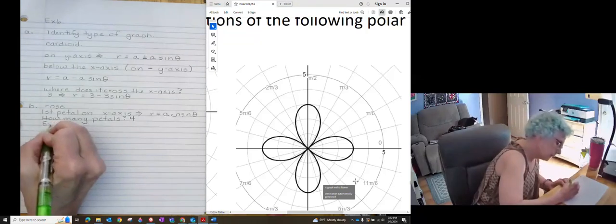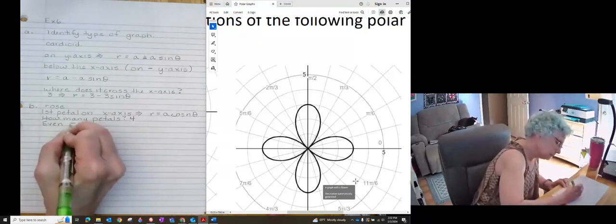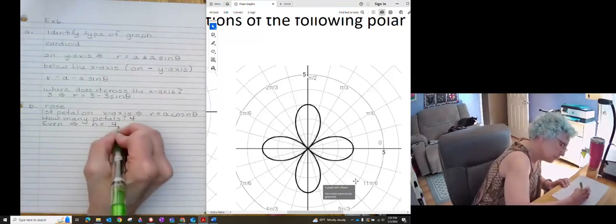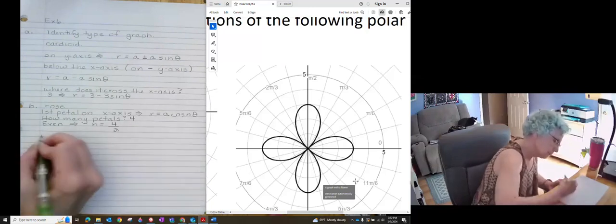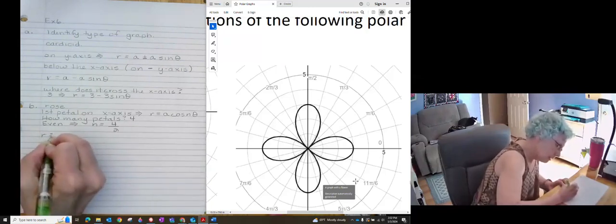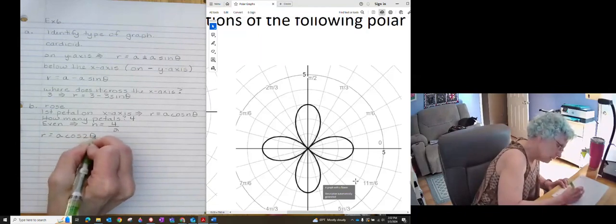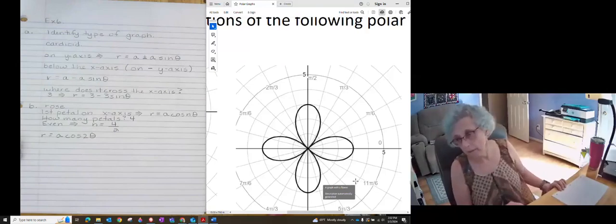Four is even, so n is equal to 4 over 2. So I know r equals a cosine 2 theta. How long are the petals?